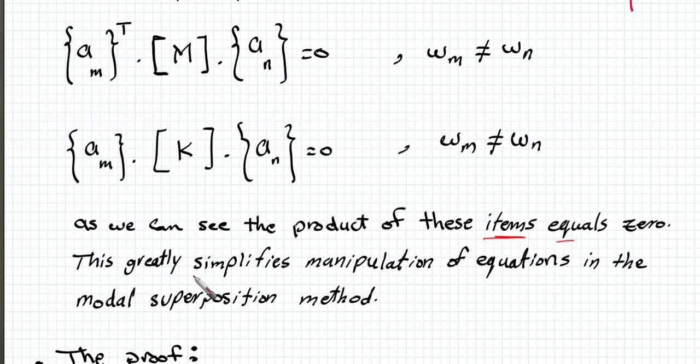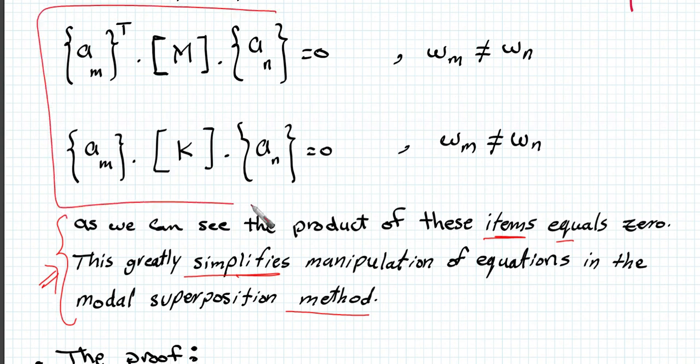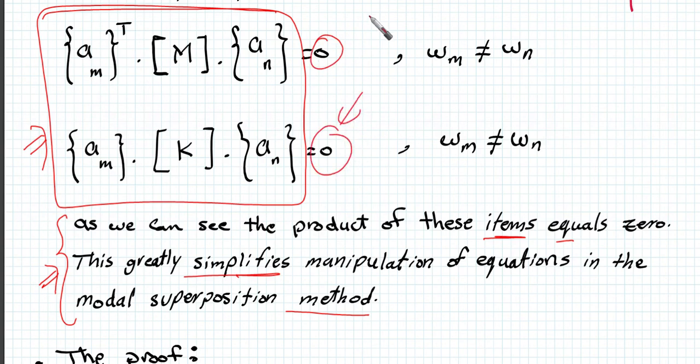This greatly simplifies manipulation of equations in the modal superposition method, as I said. And this is the main hint that we need to keep in mind. These terms are frequently encountered, and whenever we encounter them, we can put them as 0. This means that a great deal of simplification is going to be there.